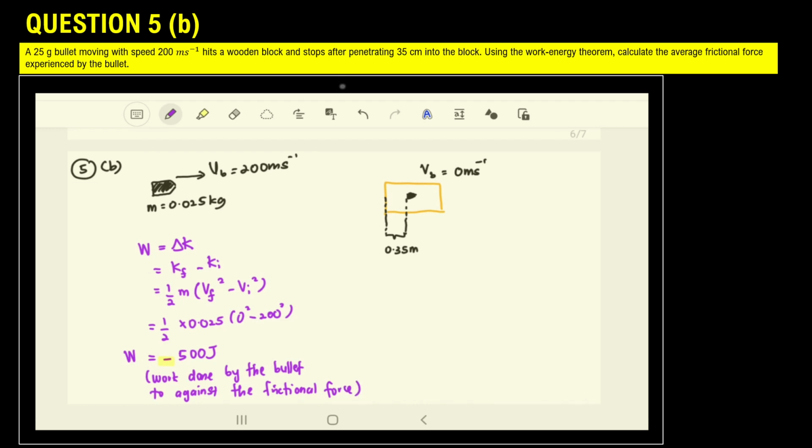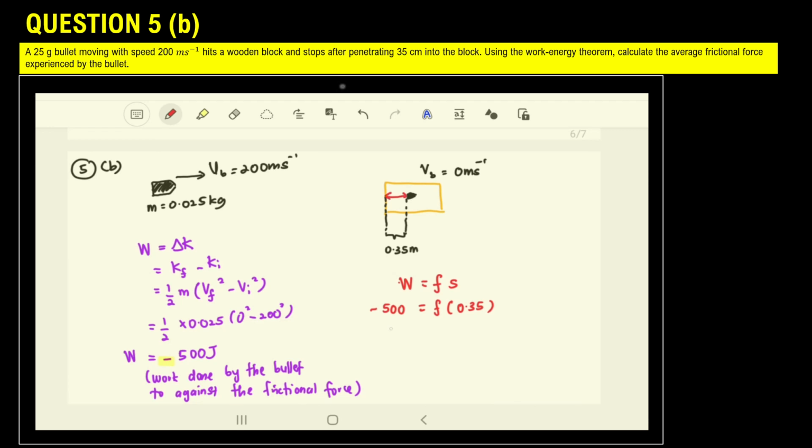Now, as we want to find the average frictional force, another equation to calculate the work done is W is equal to frictional force times S. W here is negative 500 joule, F is unknown, and S is 0.35. This means the bullet does 500 joule of work in order to move 0.35 meter inside the block.